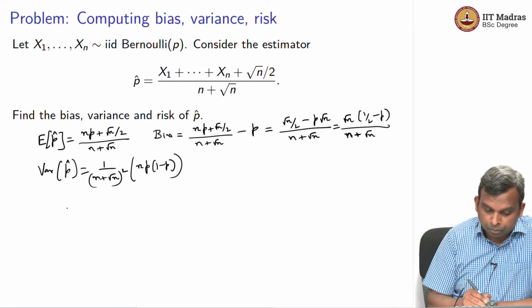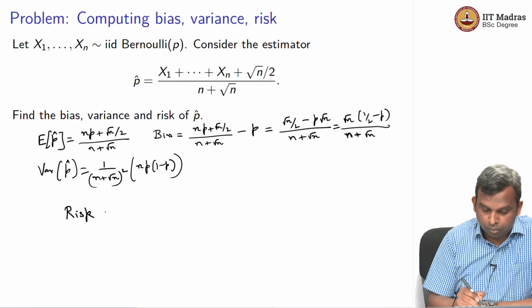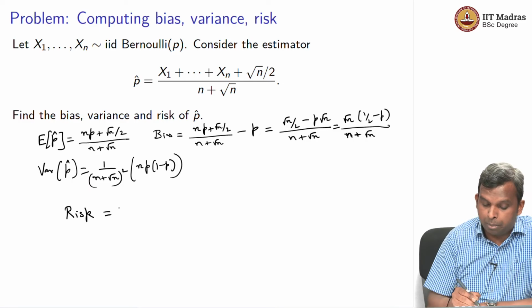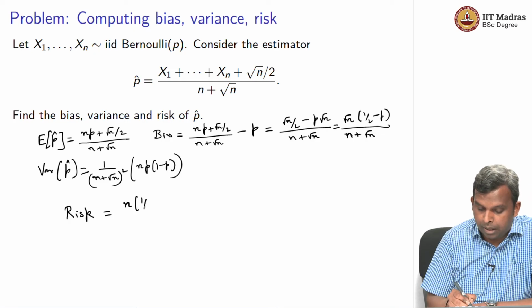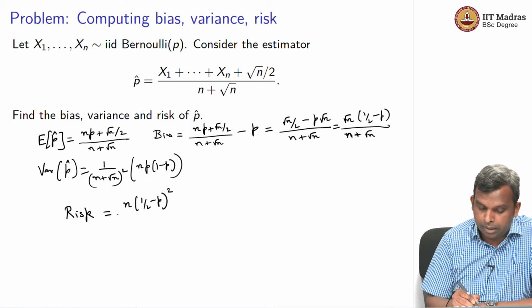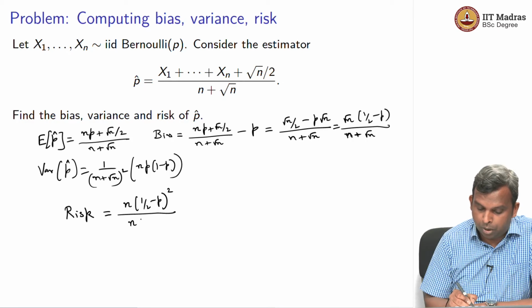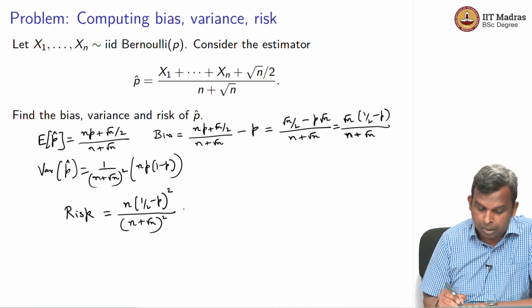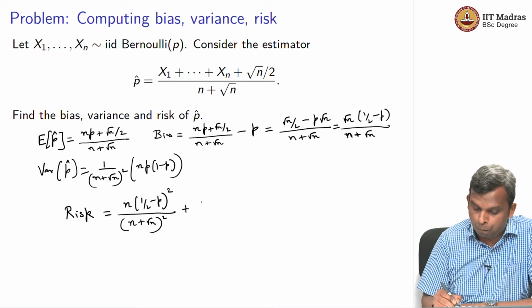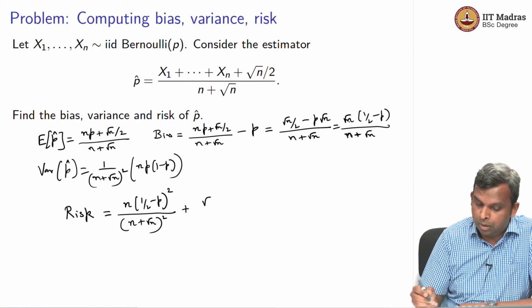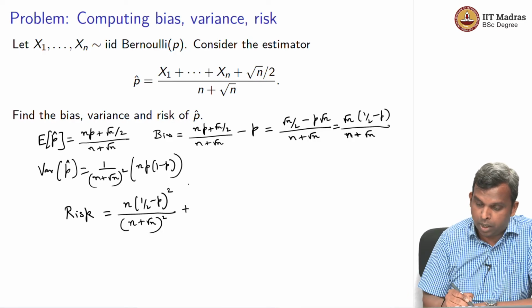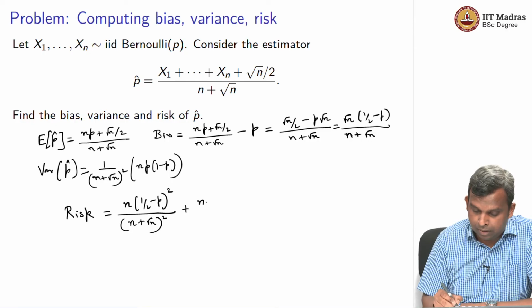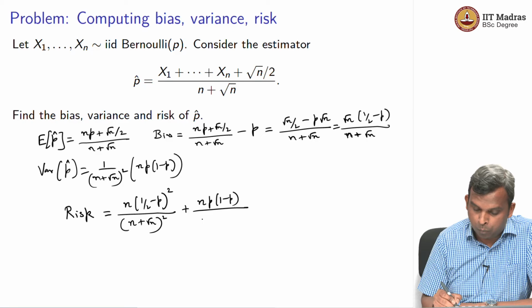Okay, now risk. It's going to be the bias squared, which is n by 2 half minus p whole squared divided by, hope I got it right, n plus root n whole squared, plus the variance, np times 1 minus p divided by n plus root n whole squared.